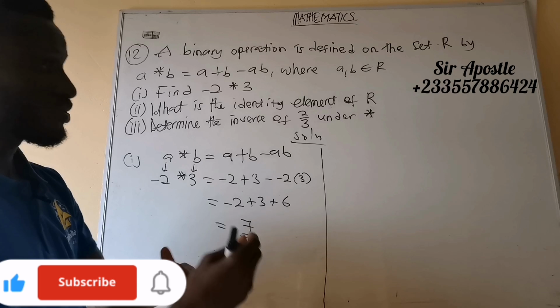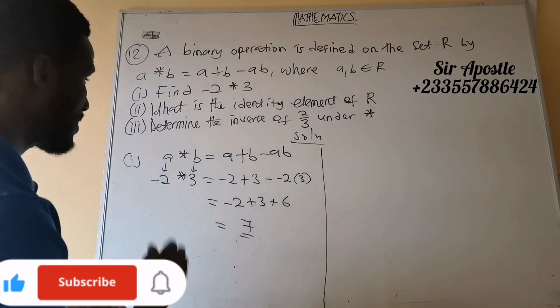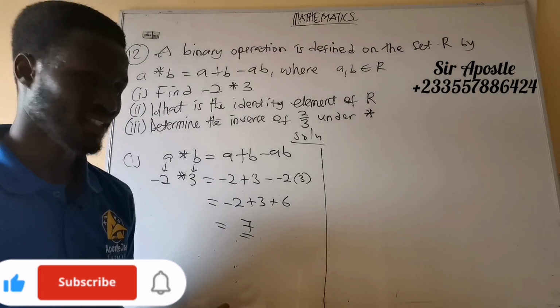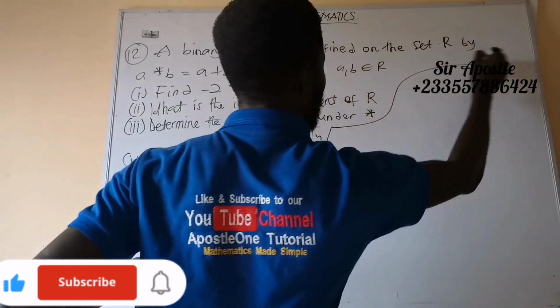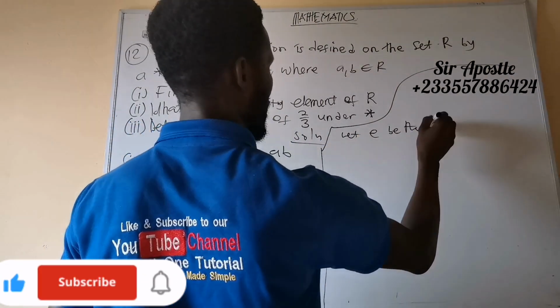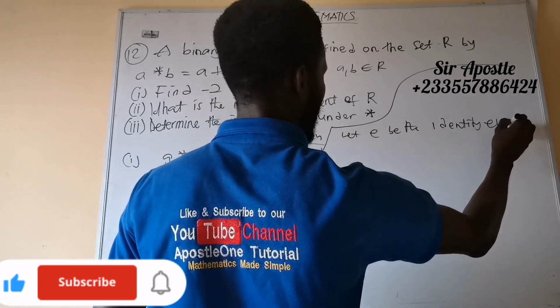Now this one I'm going to do a lot of things, so I'm going to clean here after. Now let's see, what is the identity element of R? What is an identity element? Let E be the identity element.